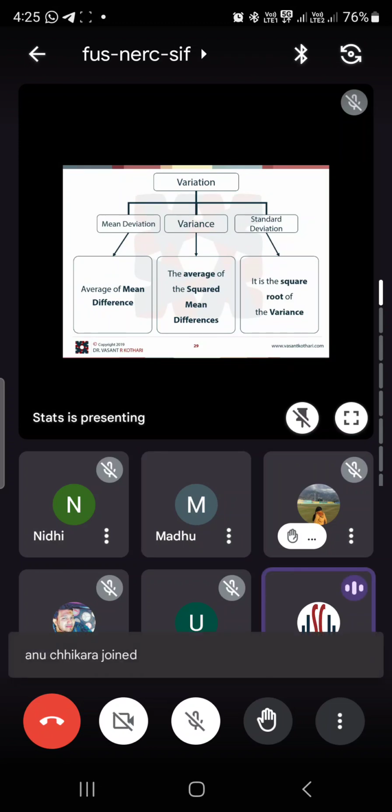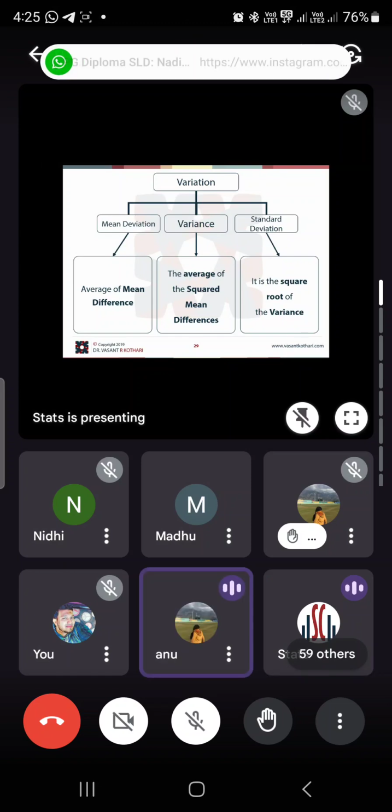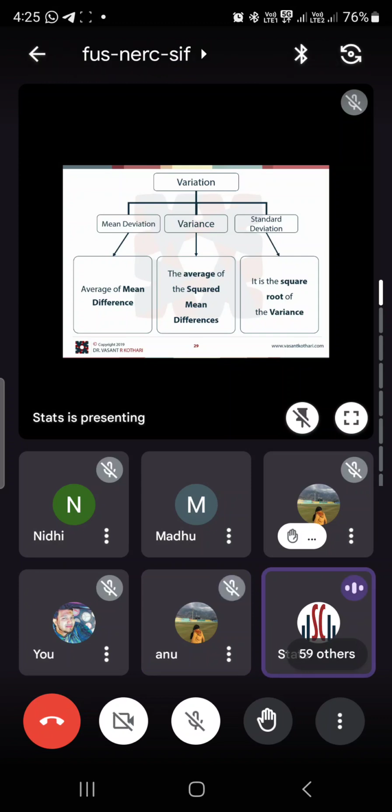Yes, at this point of time, what you are saying is right. But when you solve the numerical for t-test, in certain numericals you can get the variation in negative, because we are trying to find out how far you are from the center.